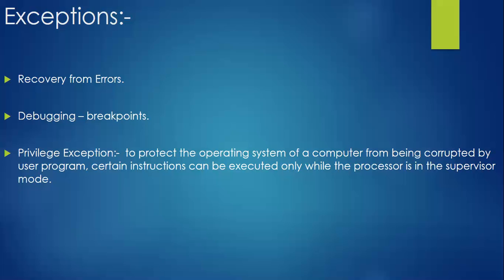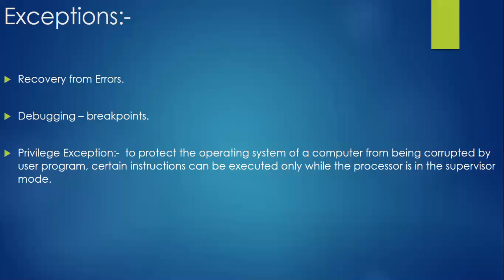If you want to switch from supervisor mode to working mode, there will be a small time gap. In that time gap, the user program may harm our operating system. So whenever we find such a condition, when the processor is in supervisor mode and a user file is trying to harm the operating system, before we switch, we execute some piece of code which will temporarily block that user program from harming the operating system.